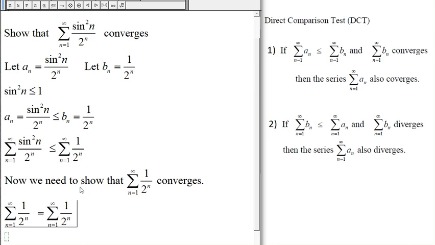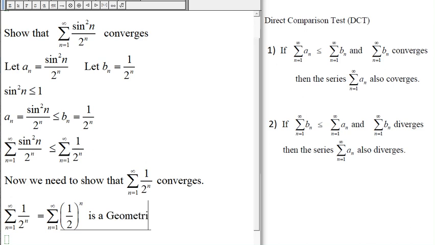Now this series, this is the 1 over 2 to the n. This is the same as 1/2 to the n. And this is a geometric series with common ratio r equal to 1/2.